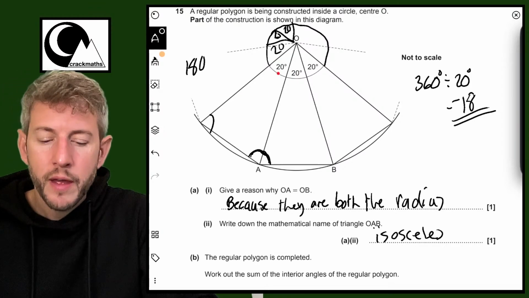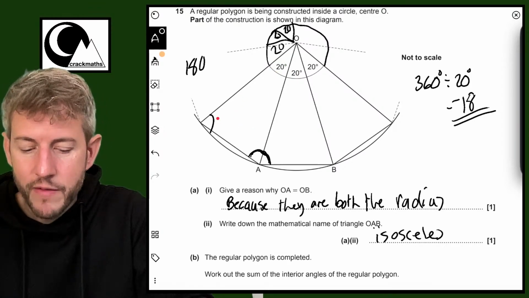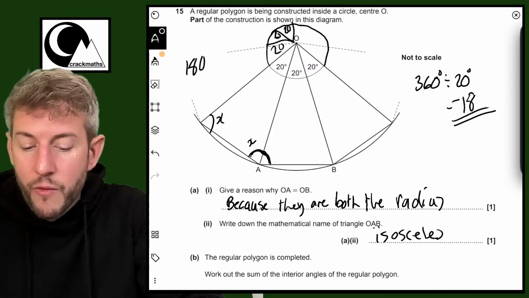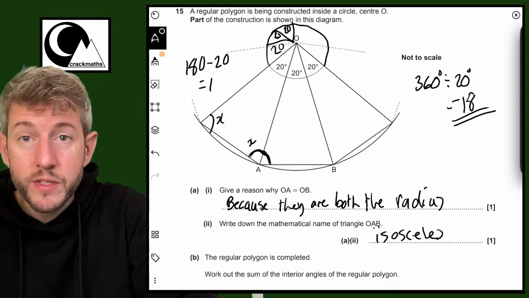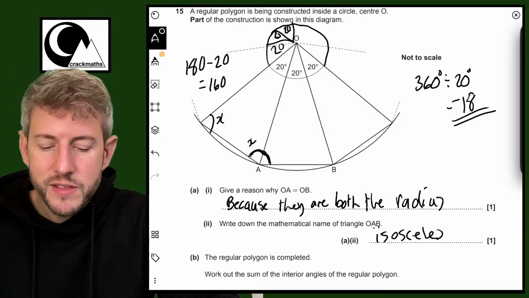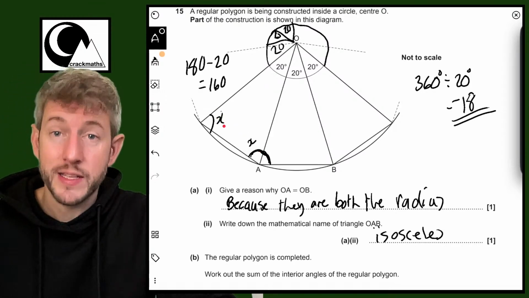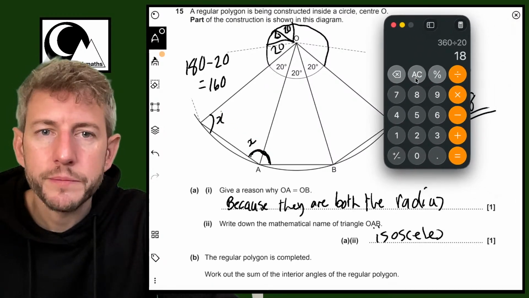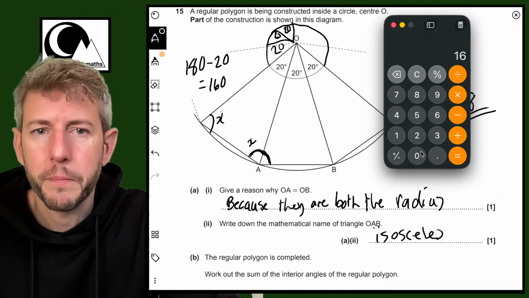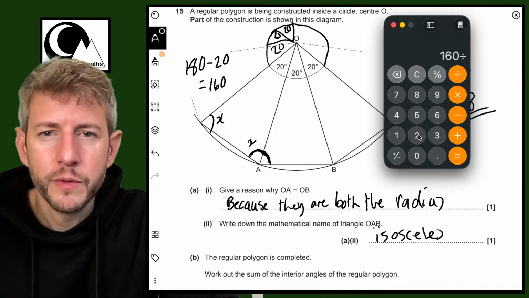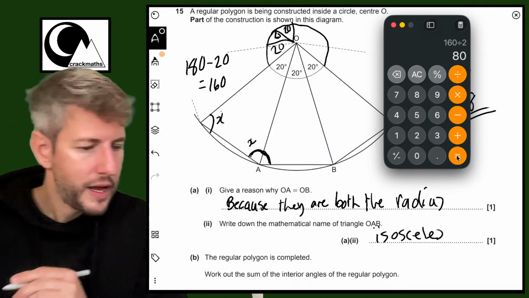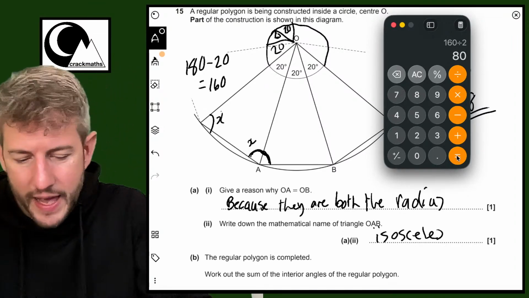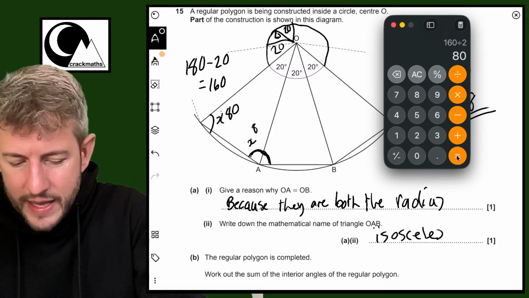If these two angles here are the same, and this angle's 20, then if we take away the 20, we're left with 160. That means these two angles here must add up to 160. As they're the same, we can just do 160 divided by 2, and that gives me 80. So that's 80 and that's 80.